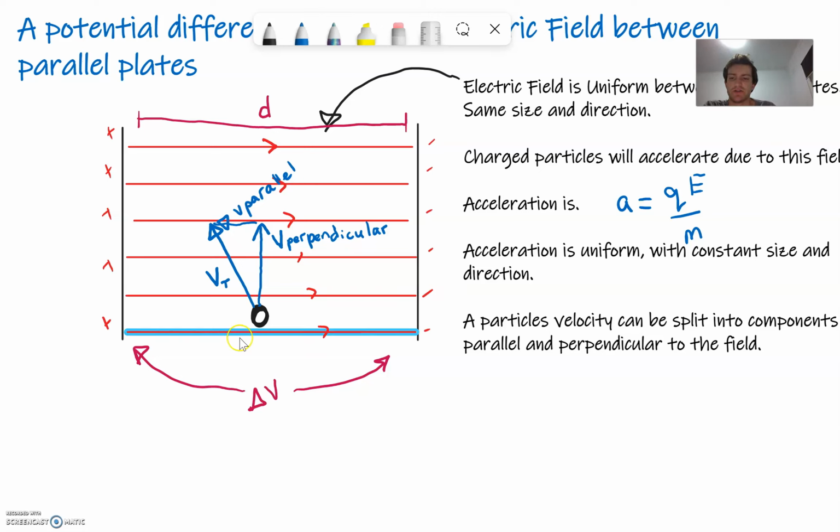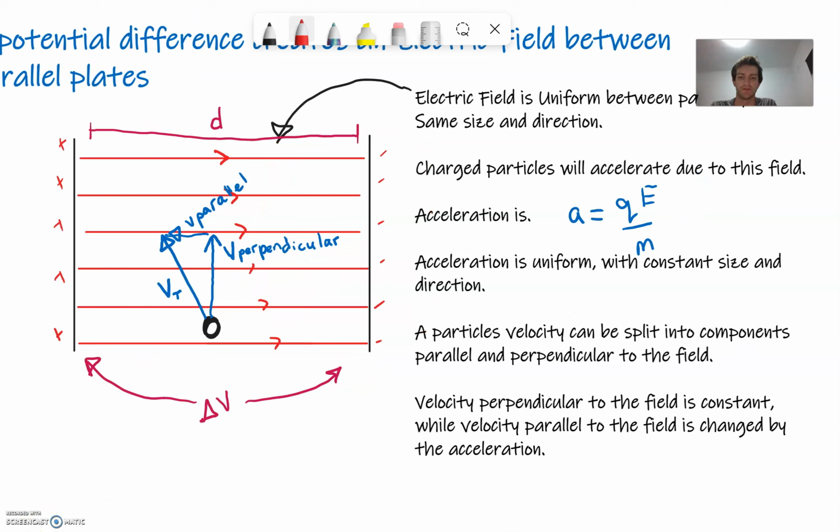And the electric field will only have influence on the parallel component. It will only accelerate that parallel component and increase it or decrease it. Whereas the perpendicular component will always stay constant because that right-angled electric field and acceleration won't affect it, in the same sense as projectile motion, where the gravitational field of the planet goes downwards, so therefore the vertical velocity, which acts upwards and downwards, that component gets affected, whereas the horizontal component of the velocity on Earth is not affected at all, and that will stay constant.